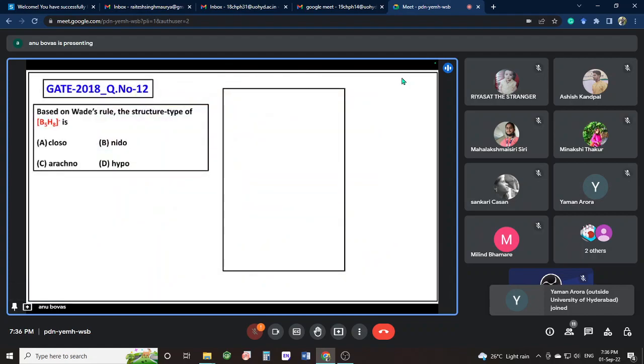Now, next question, GATE 2018, question number 12. If you have seen, I have taken questions from 2013, 2014, 2016, 2017, 2018. In every year, at least one question is asked from this Wade's rule.